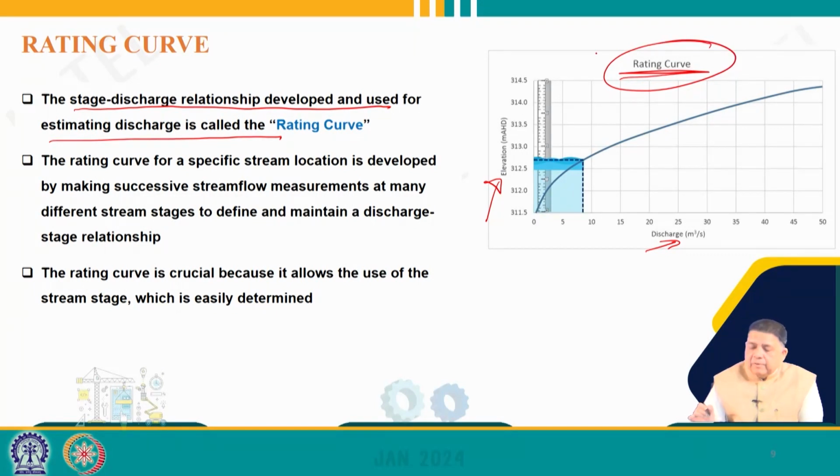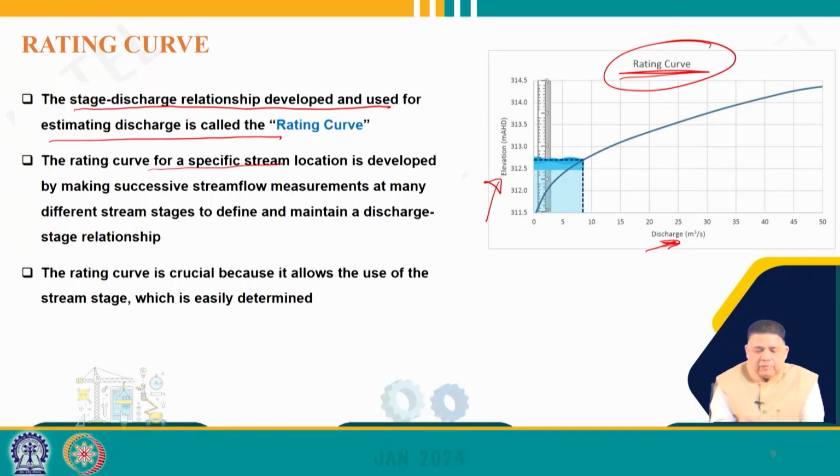So, basically, once we have a rating curve for a specific stream location, then if we measure the stage using either the manual, that is a staff gauge, or the wire gauge, or the automatic stage level recorder, or the bubble gauge, if you know the stage, then of course, that stage can be converted into discharge quite easily.